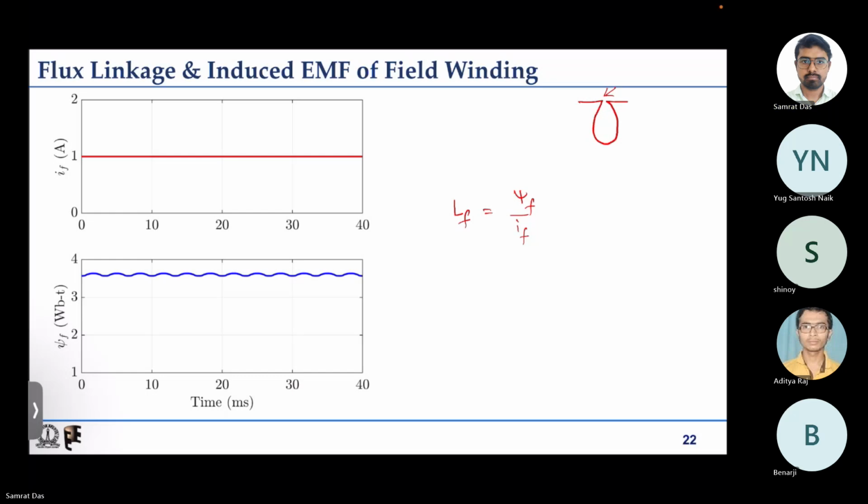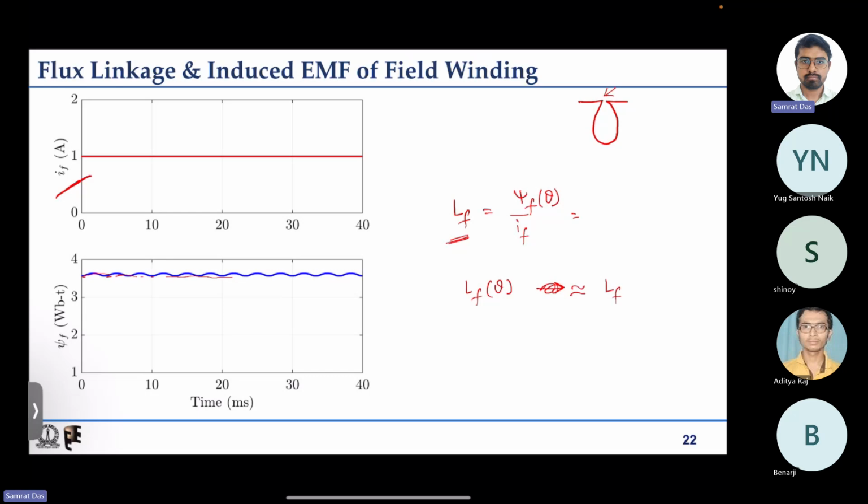And we saw that the dependence on rotor position is very weak, so this can be approximated to be a constant quantity. So LF, although it is a function of rotor position, can be approximated to a constant quantity only.